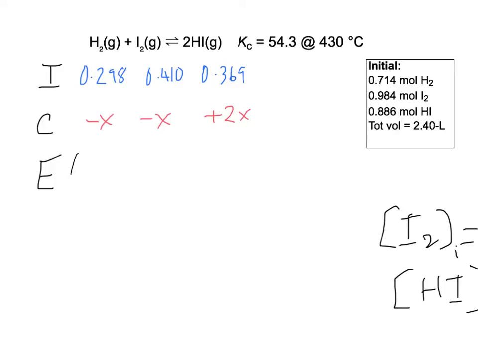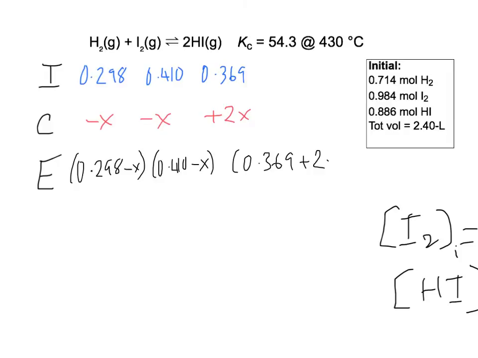So now at equilibrium, we can sum the initial with the change. So 0.298 minus x. For iodine, it's going to be 0.41 minus x. And for HI, it's going to be 0.369 plus 2x. All of these ice chart problems typically work the same way.